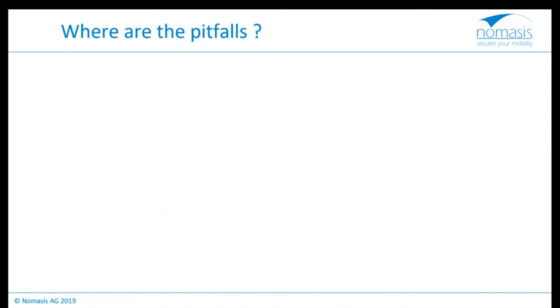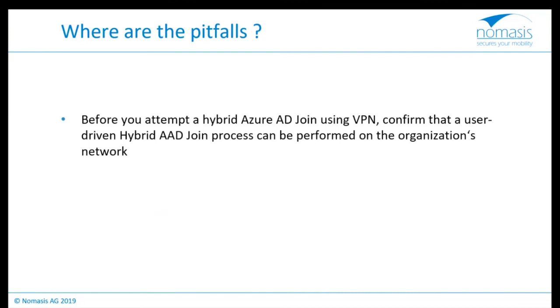So, to be honest, every solution has its pitfalls. We have mainly two we should consider and talk about. First of all, before you attempt a hybrid Azure AD join using VPN, confirm that a user-driven hybrid Azure AD join without VPN can be performed on the organization's network. So plug it into the organization's network and try to join in a hybrid Azure AD environment.